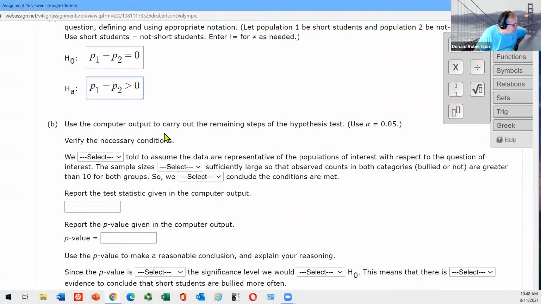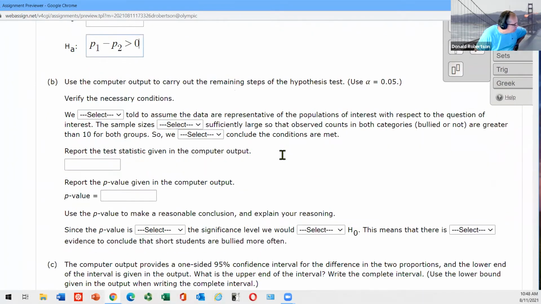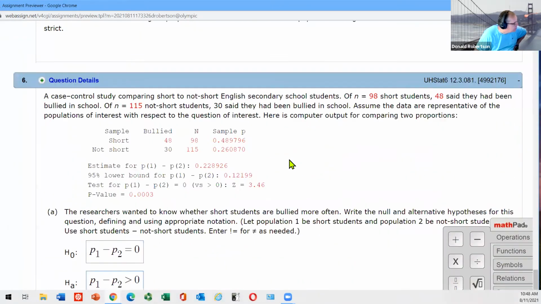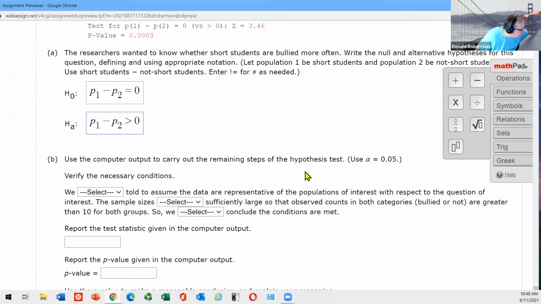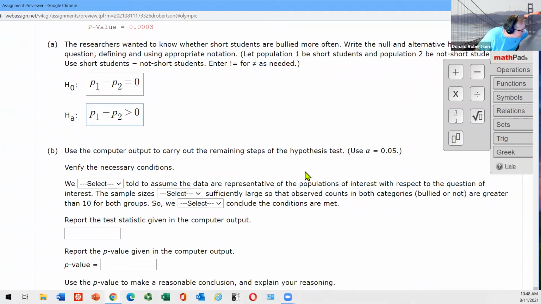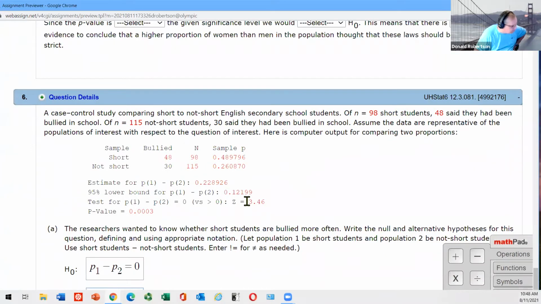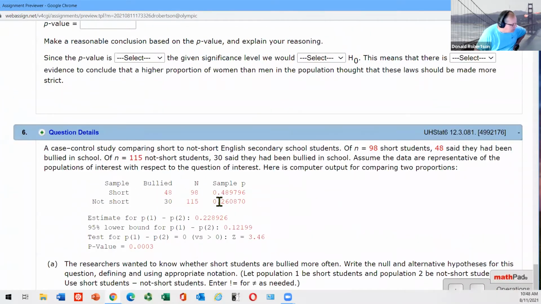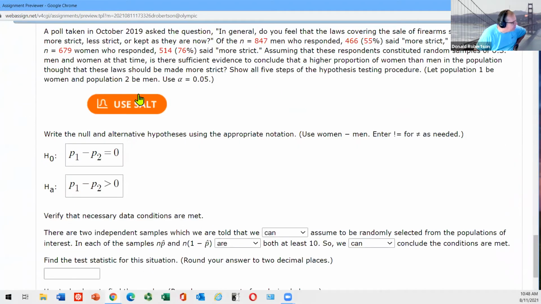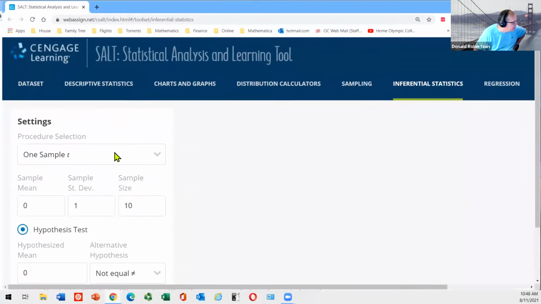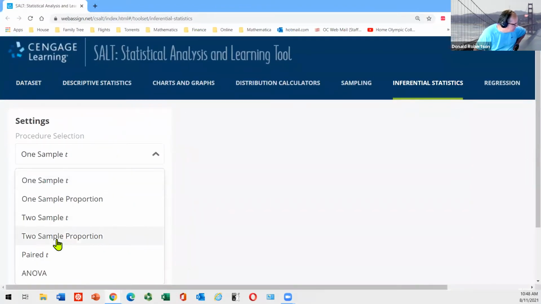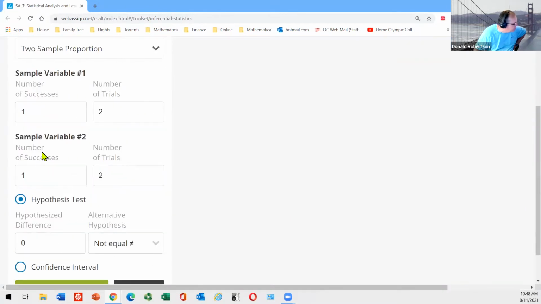Now, use the computer output. Oh God, I hate it when it says use computer output. So I'm going to use SALT. Okay, so I got all the numbers. Yeah. So I'll just steal this fella. Bring over here. 2 sample proportion.